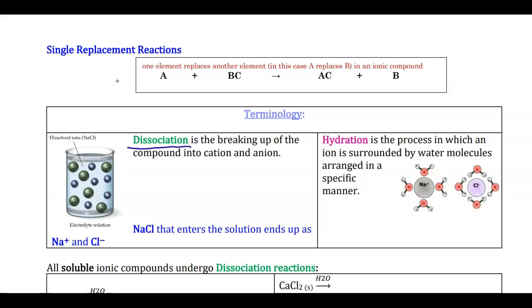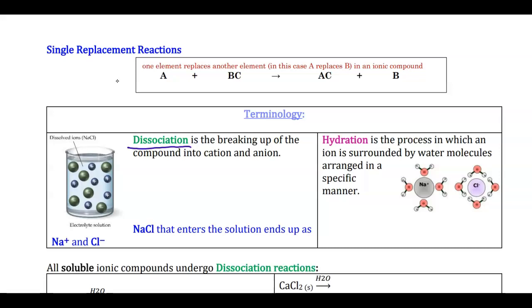Dissociation is the breaking up of compounds into cation and anion, and usually it happens with ionic compounds, and also acids can undergo dissociation in water solution or when they are melted, right?